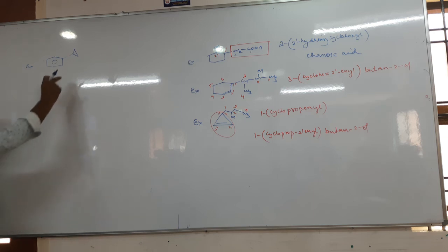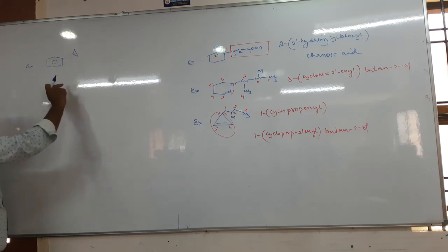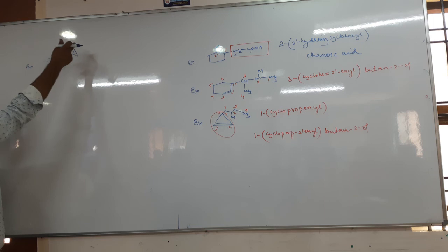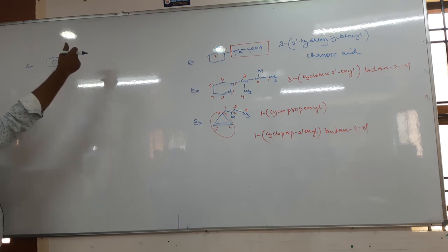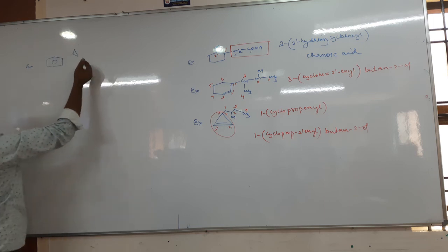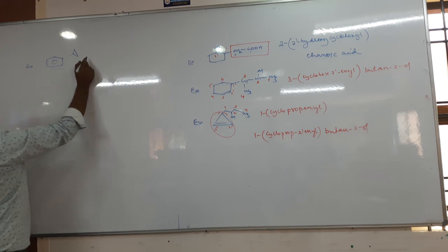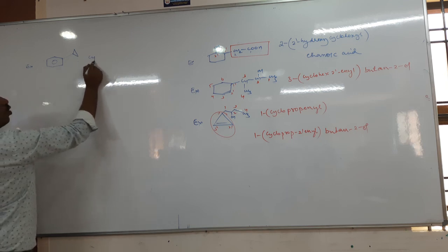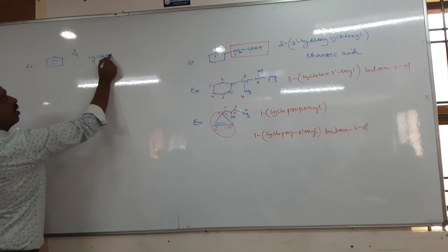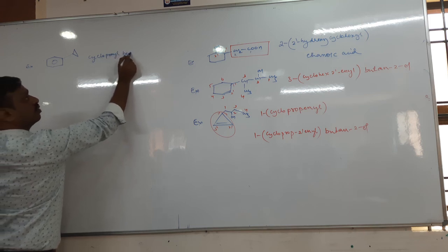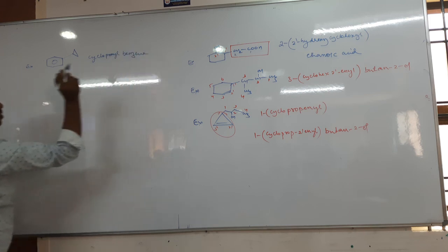Here this benzene ring is the parent chain. Then the cyclopropane ring is a substituent. Then it is cyclopropyl benzene. That's it.